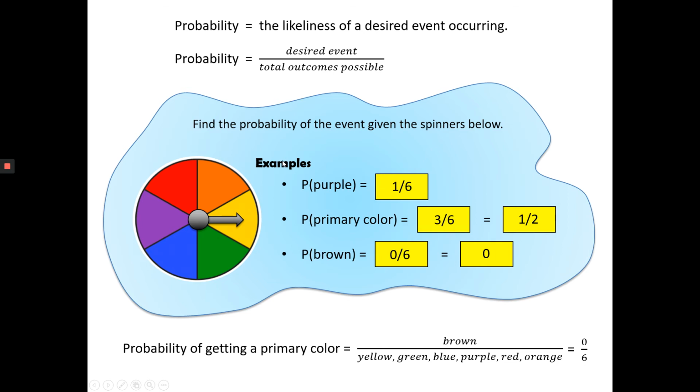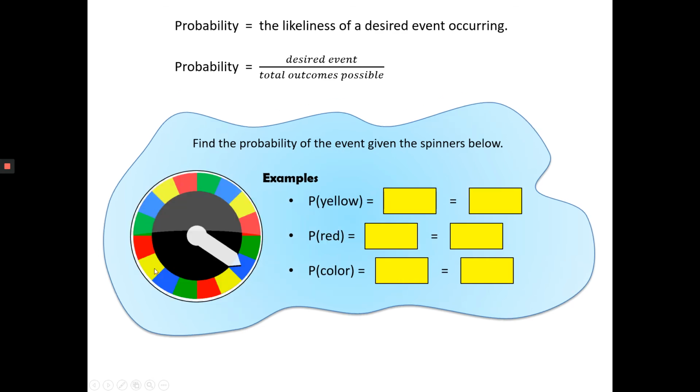We're going to take a look at one more spinner example before you guys try a couple spinner problems on your own. This one is similar to the other one with red, yellow, green. But if you notice, there's a lot more of just one particular color. For red, there's 1, 2, 3, 4 reds.